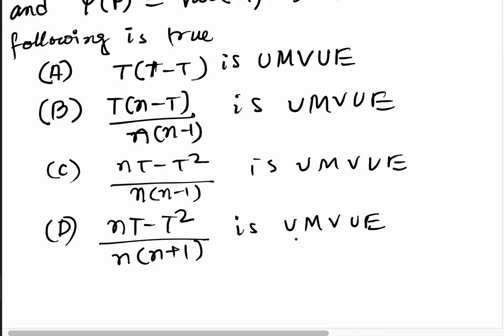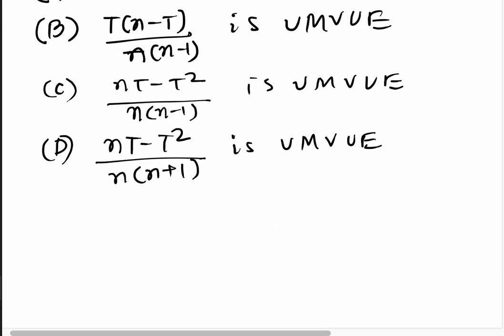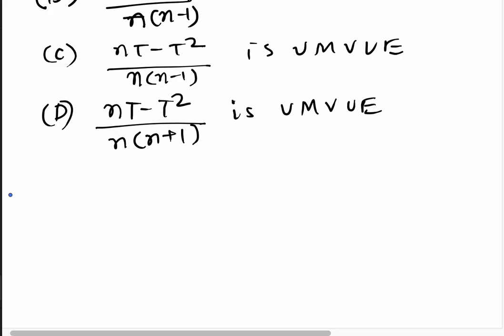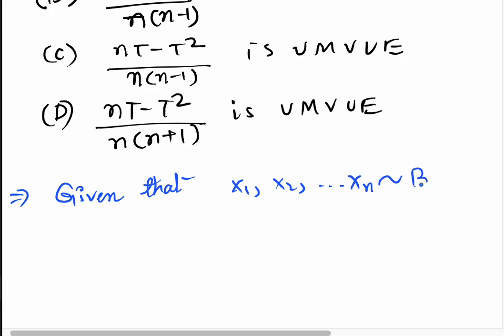So I'll check that. So first, it is given that x1, x2, ..., xn is binomial(1, p), so the variance will be p into (1 minus p).